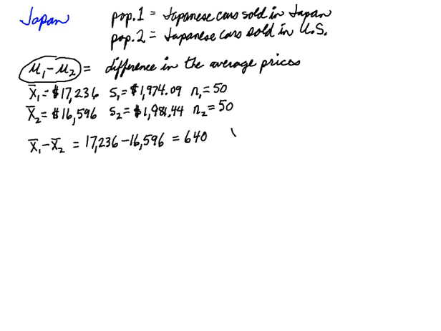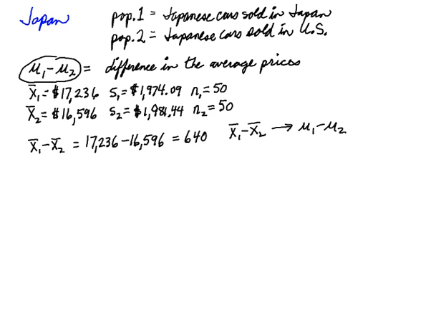But what we have is an estimate of that, and that would be the x1 bar minus x2 bar. It's called a point estimate of mu1 minus mu2, and that is the $640. Now we do have the sample standard deviations, so we have some estimate of the variation in the prices in each country, and from that we can build a sampling distribution.